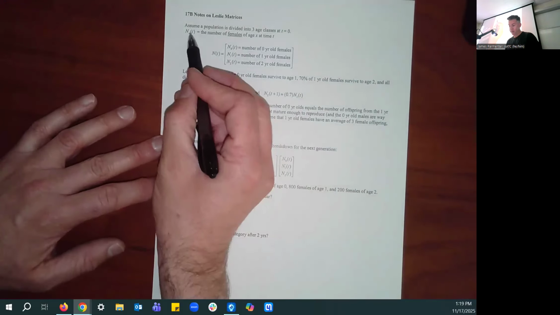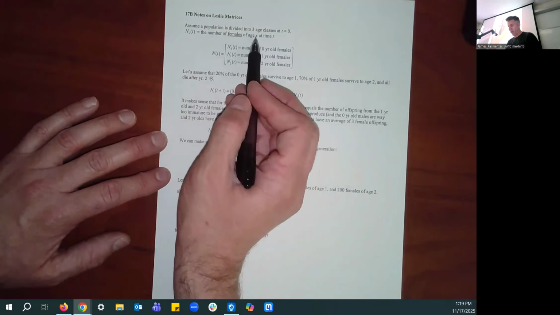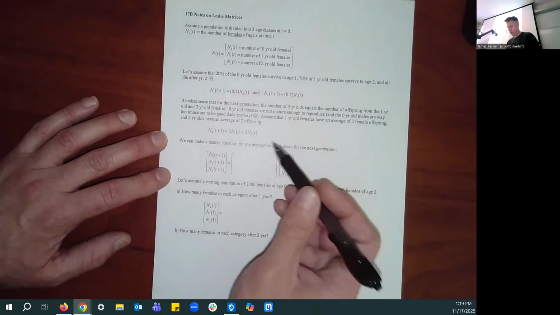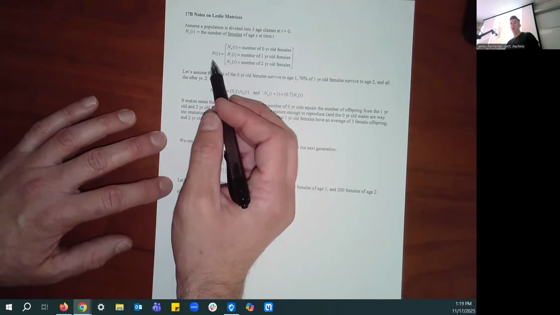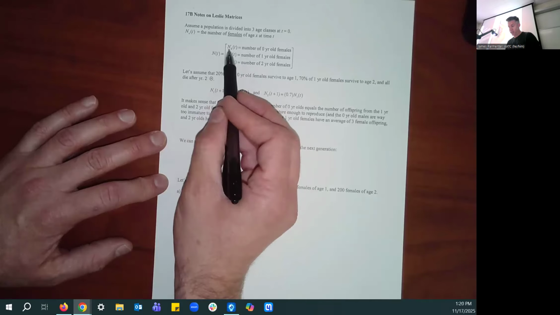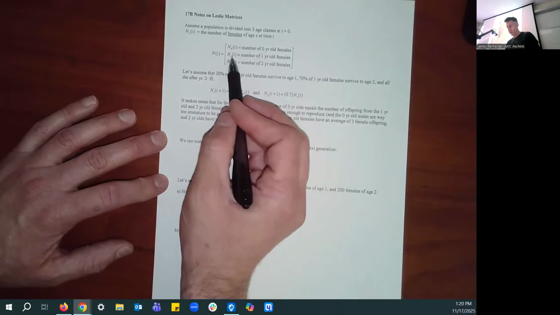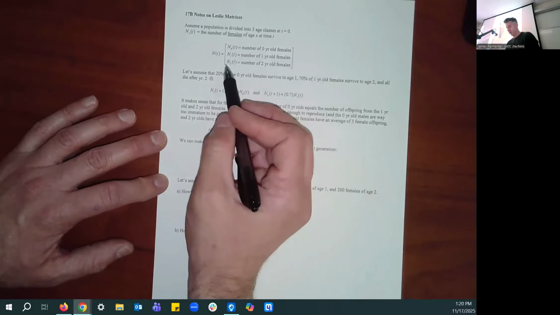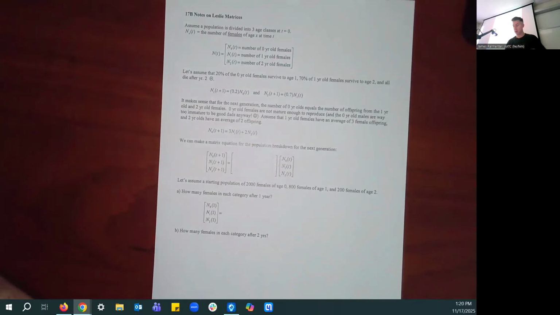N sub x of t is the number of females of age x at time t. So our vector n of t gives you all the different ages at a particular time t. The first entry is n0 of t, the number of 0-year-old females at this time. N1 of t is the number of 1-year-olds. N2 of t is the number of 2-year-olds at whatever time we're looking at.